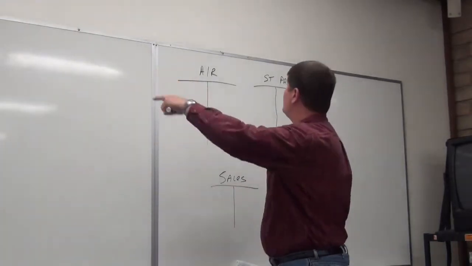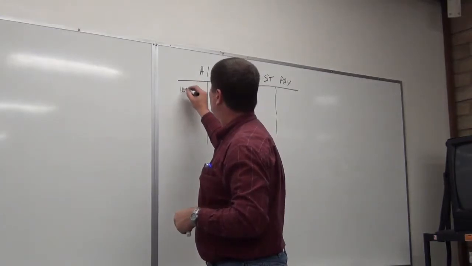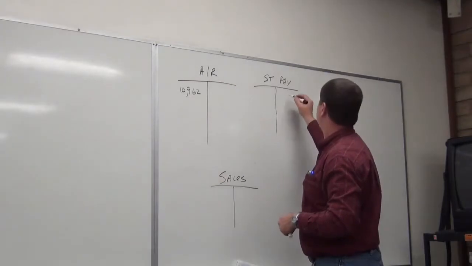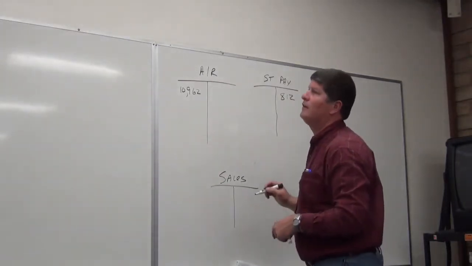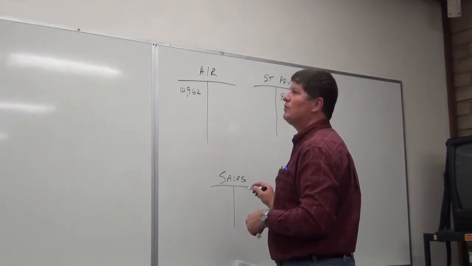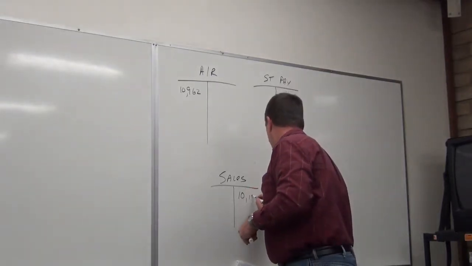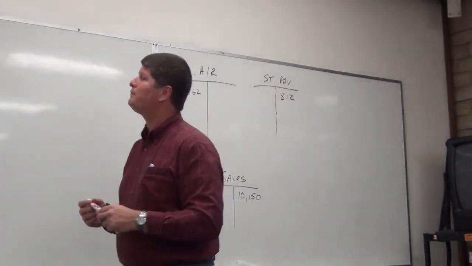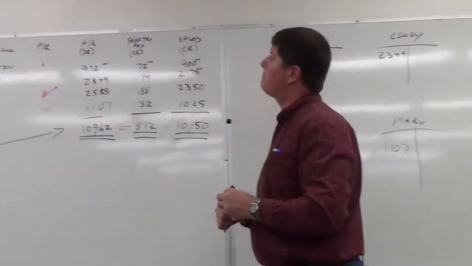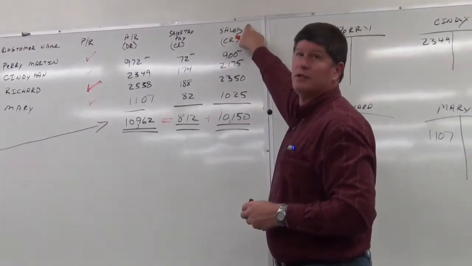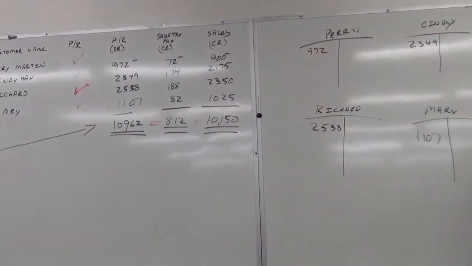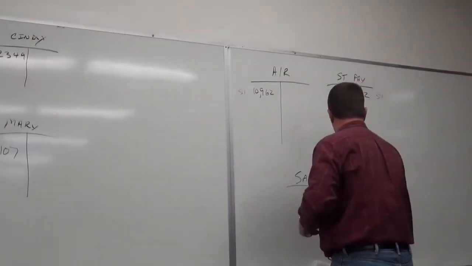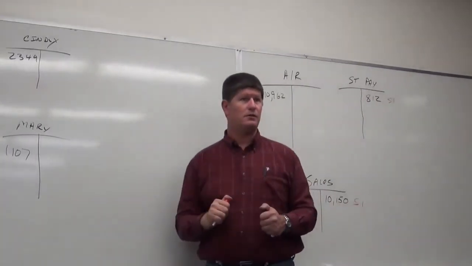So our debit to accounts receivable is 10,962. Our credit to sales tax payable is 812. Sales credit is 10,150. Okay? This would be your sales journal, page 1, right? So we'd have S1 as our reference, S1 is our reference, S1 is our reference.